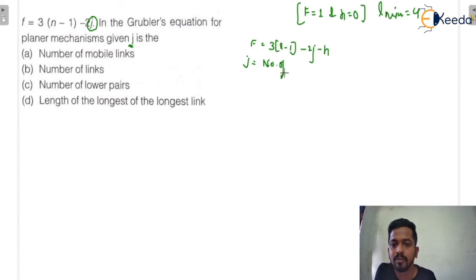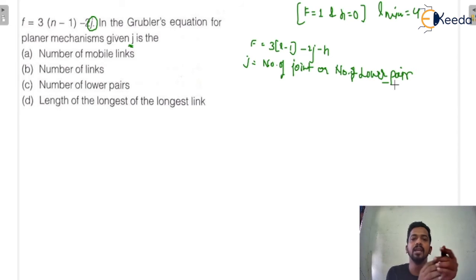Where L represents the number of links, J represents the number of joints. Basically, it represents the number of joints, or you can say the number of lower pairs. So what is the criteria for lower pair? If in the mechanism there is a surface contact or area contact, it is considered a lower pair.